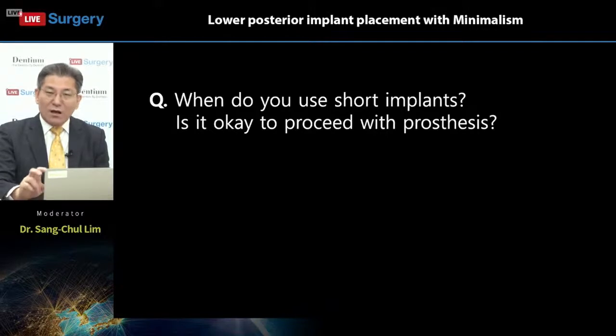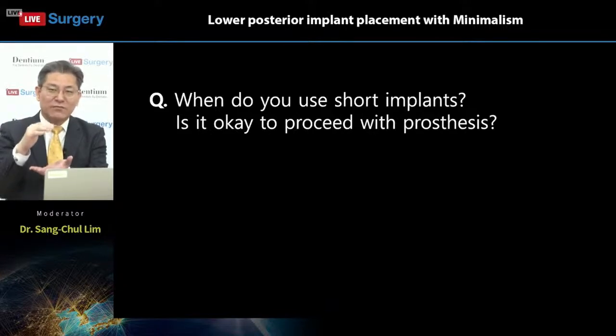But we have to consider some things about short implants. When choosing a short implant, first, the crown implant ratio, right? Shorter lengths like 7 millimeter or 5 millimeter, it doesn't matter.